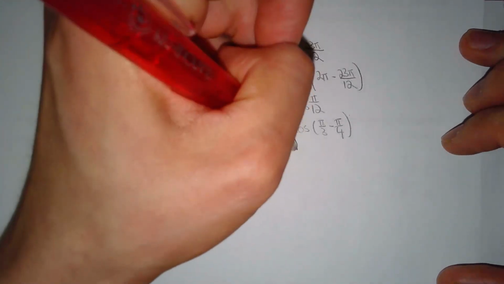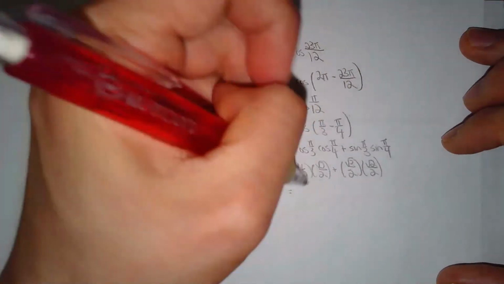Everything's positive in quadrant 1. So cos of pi over 3 is a half, root 2 over 2. This is going to be root 3 over 2, root 2 over 2. So guess what? Exactly the same answer.